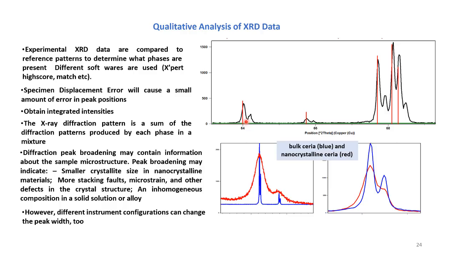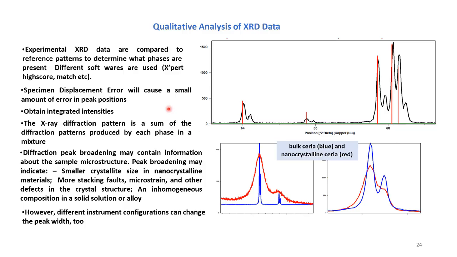The peak matching should be done using the X'Pert HighScore software. These are the software for XRD, X'Pert HighScore and Match. Using these, we try to match the peaks with the standard data for our sample. Then, specimen displacement error will cause a small amount of error in peak position.